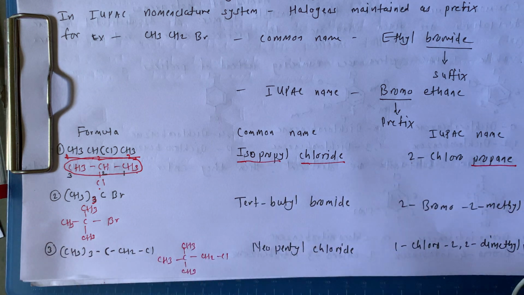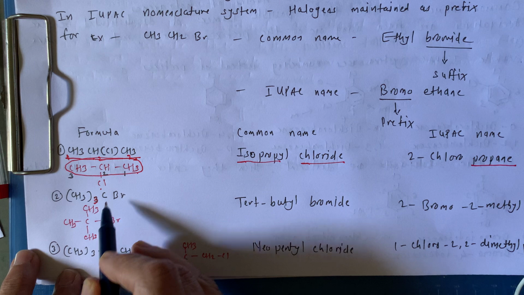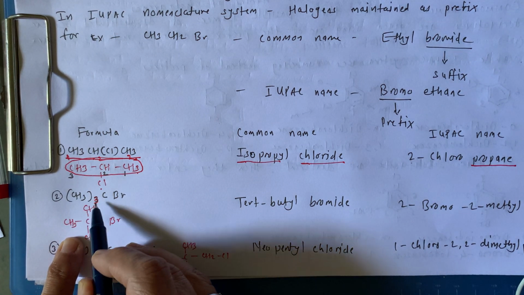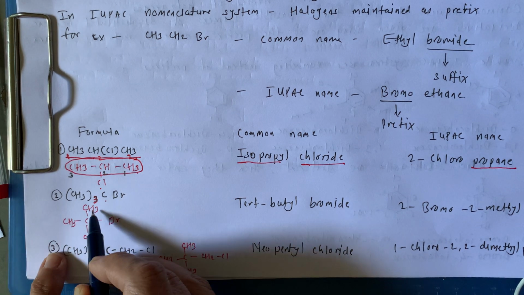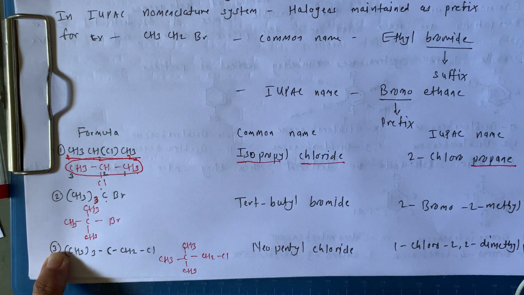That is the easiest part of writing. So when there is a condensed formula, you should write it separately, writing down all the bonds. So on this carbon there are 3 methyl groups, 1, 2, 3, and 1 bromine is attached.